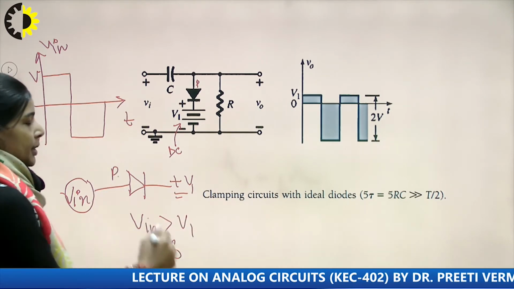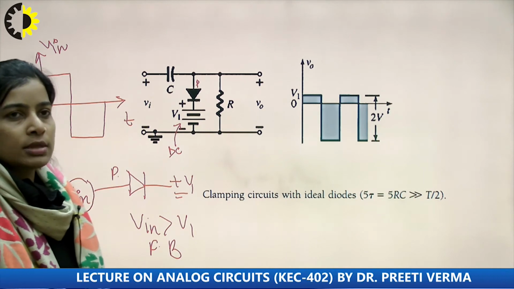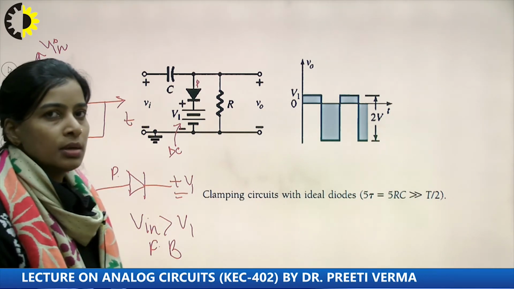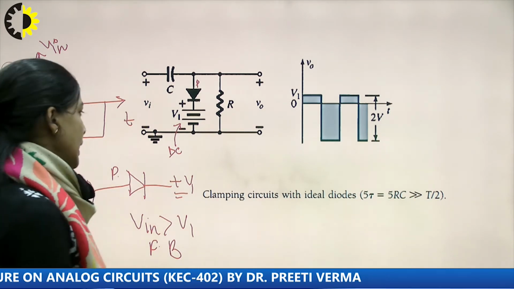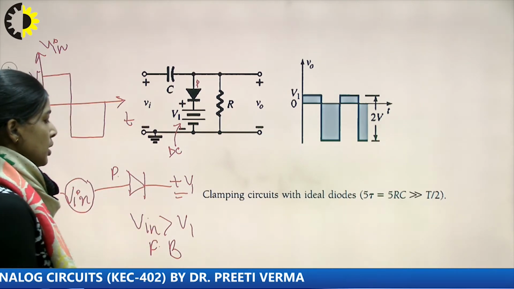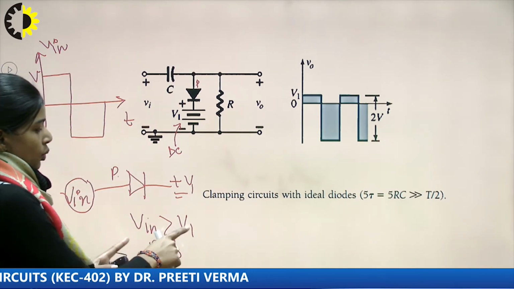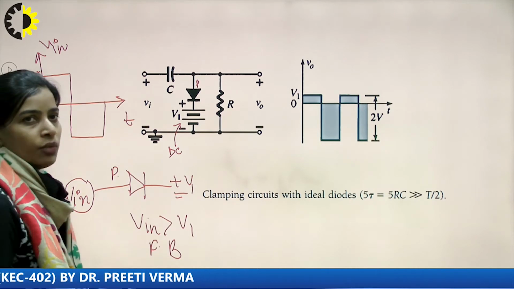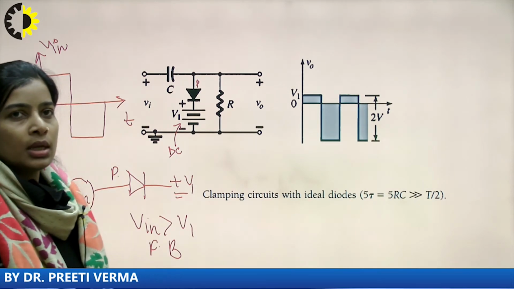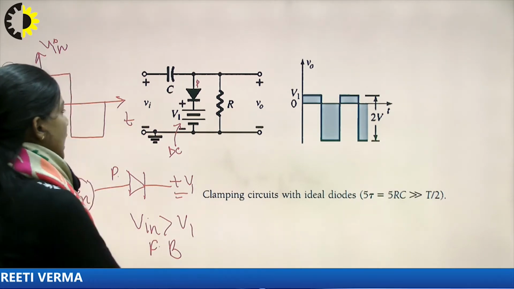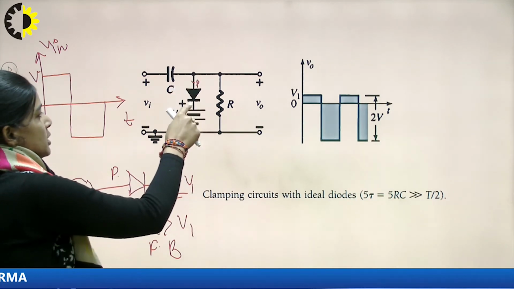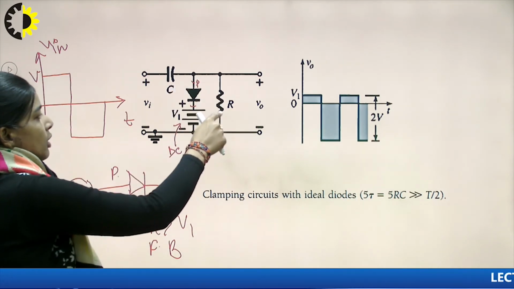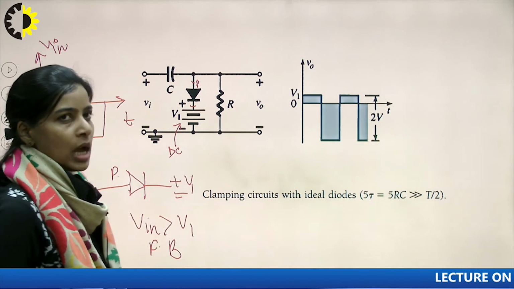At that time the P side will be connected to a more positive value as compared to the positive value towards the N side of the diode. So, up to the point when V1 is greater than V in, the diode will be reverse biased, and we have seen that when the diode is reverse biased, only then the current will follow this path and we get output.